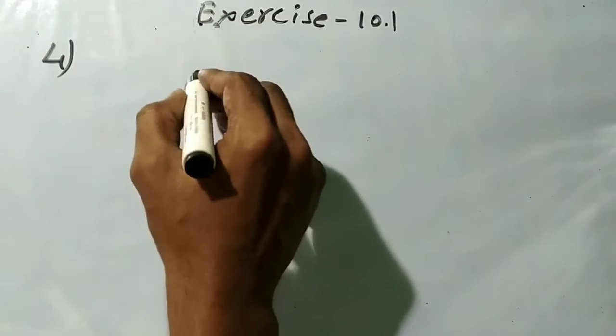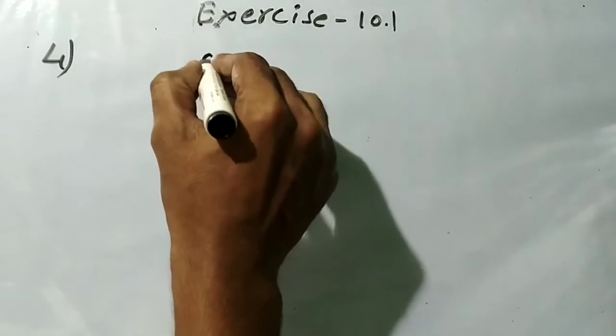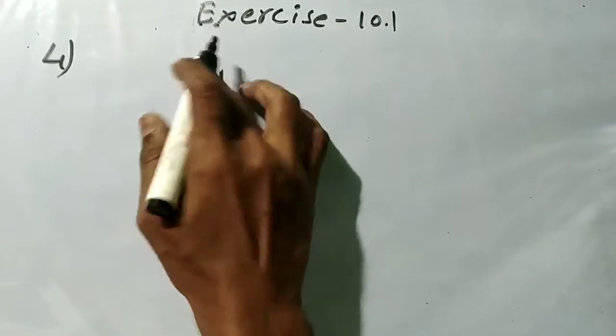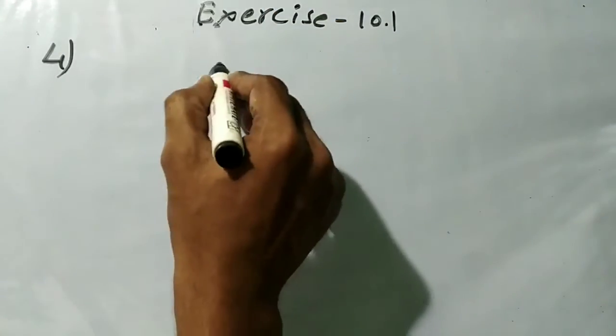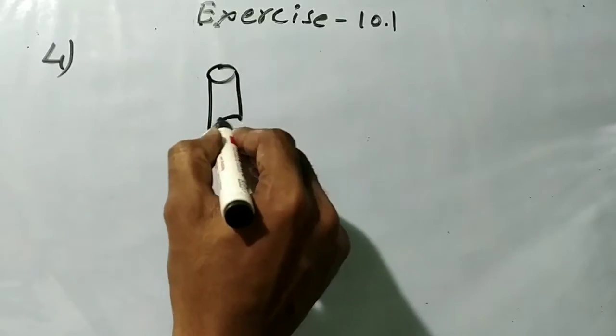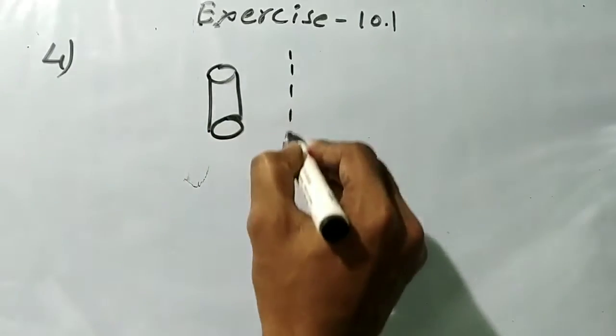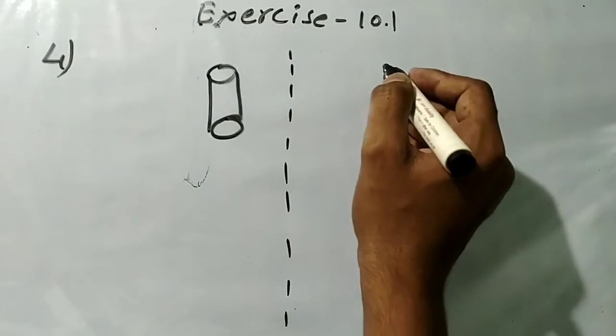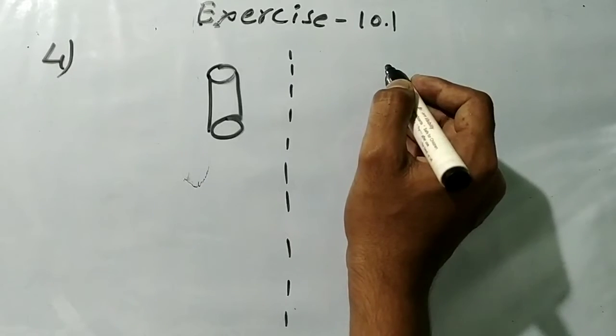Let's draw it here. This is a cylinder, and this is a right circular cone.